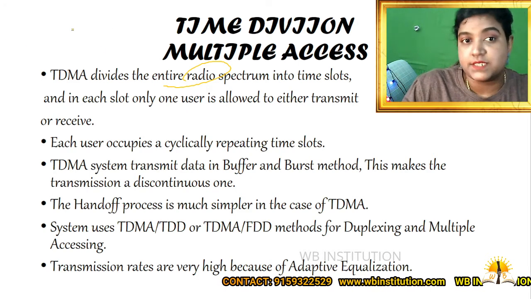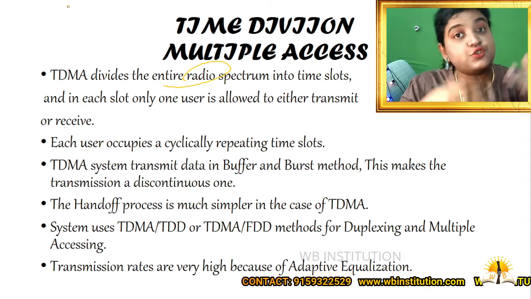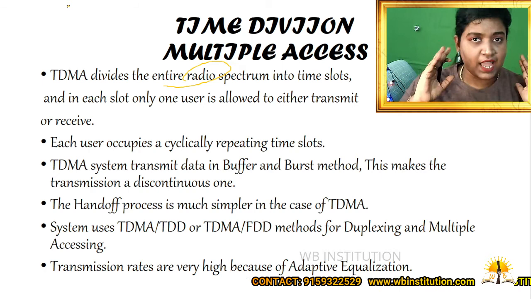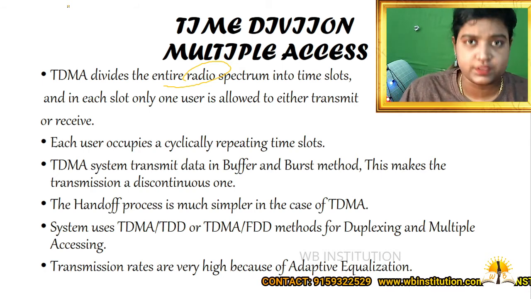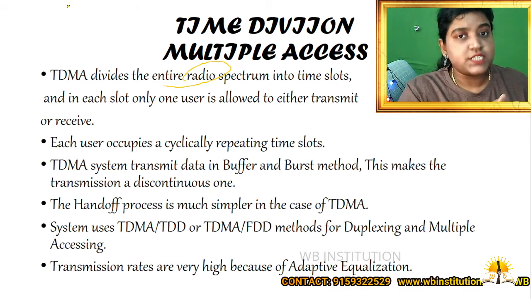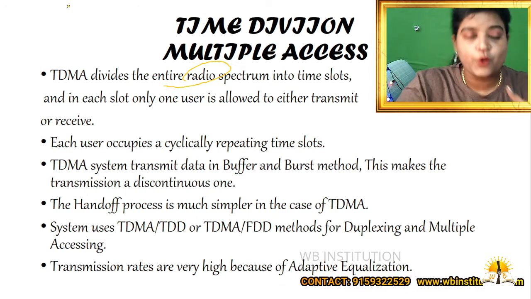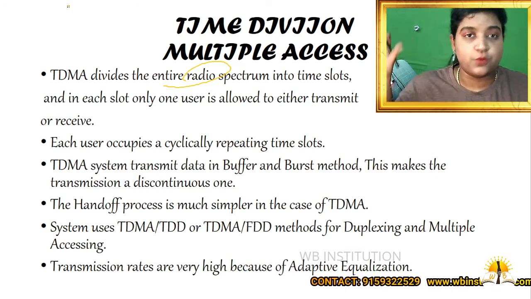In each time slot, only one user is allowed either to transmit or to receive. We are very much clear about that, right? So each user will be allotted different time slots. In that particular time slot, the user can transmit or else receive the data according to his choice.